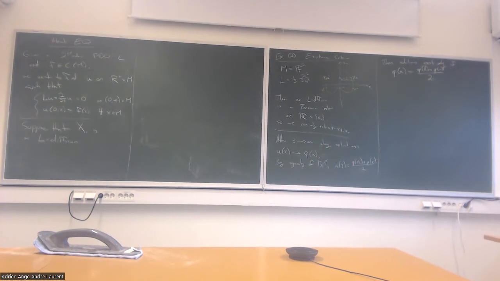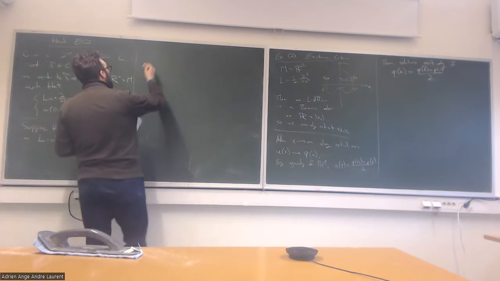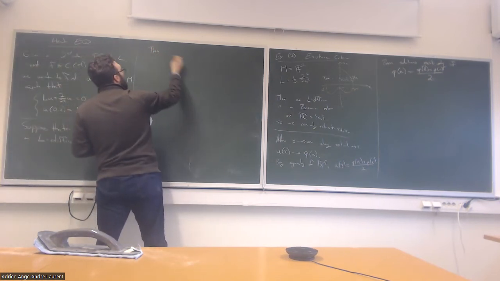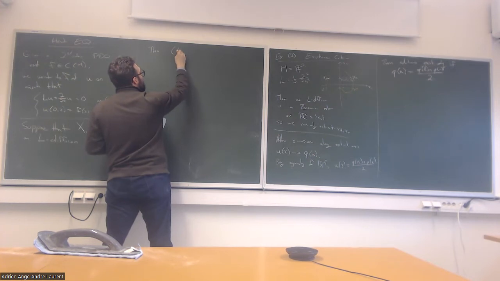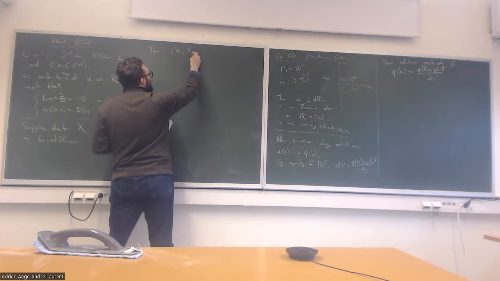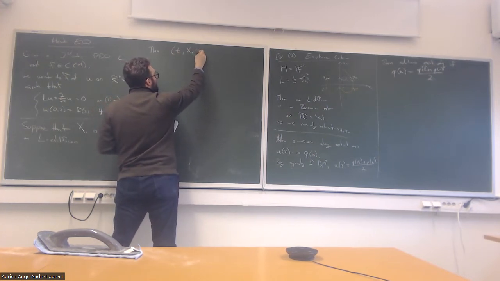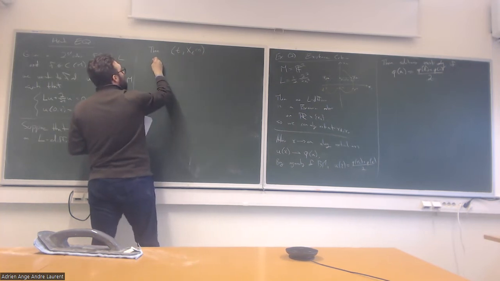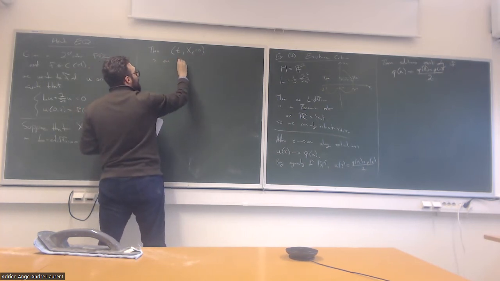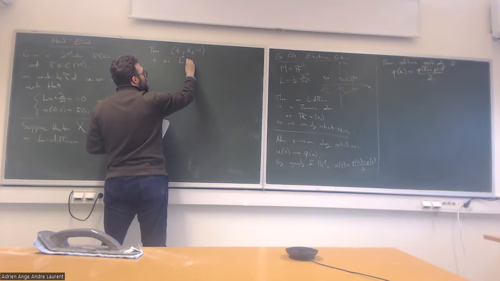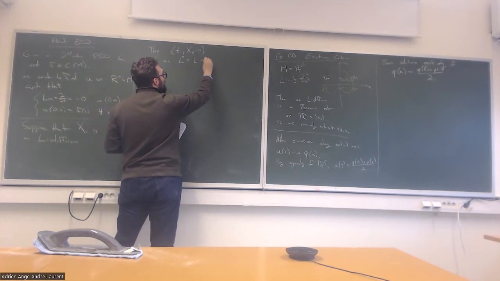So anyways, we're assuming that this exists. Then what happens? Then the process (t, X_t) is an L hat diffusion, where L hat is defined as L plus ∂_t.